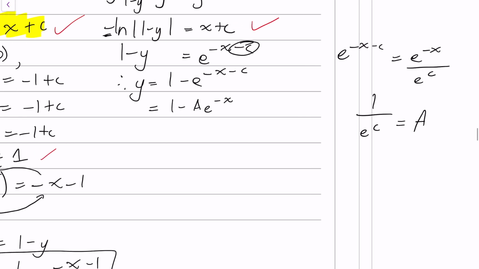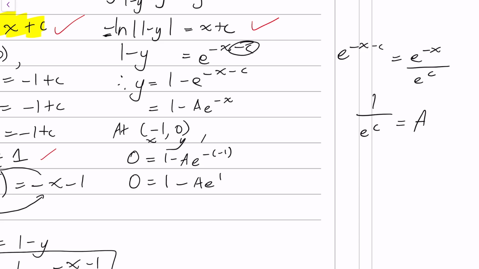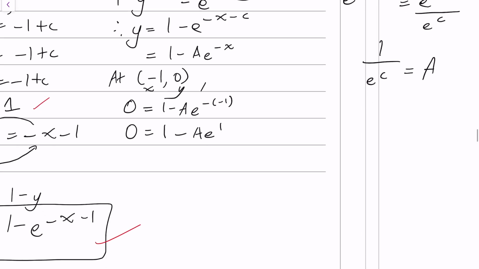So that removes that negative c part, and I can just find what a is and then equate those two. So I know that at negative 1, 0, I can just substitute those x and y values. 0 equals 1 minus a times e to the power of negative 1, which is just going to give me a e equals 1, a is equal to 1 over e.